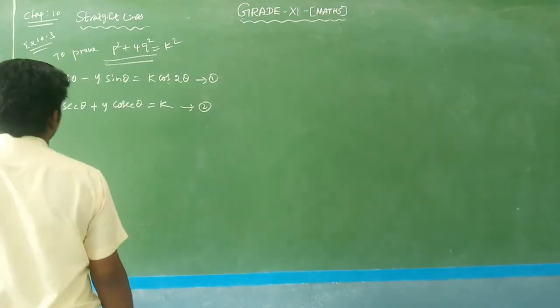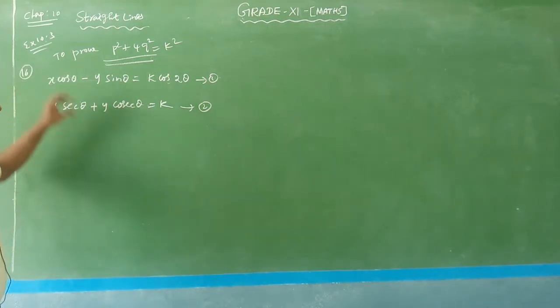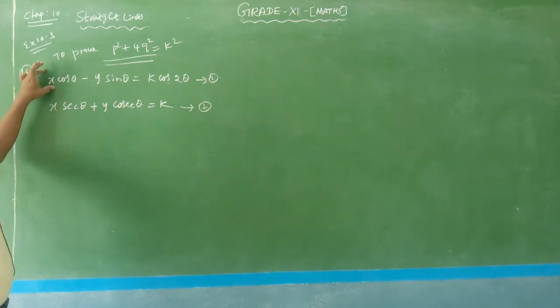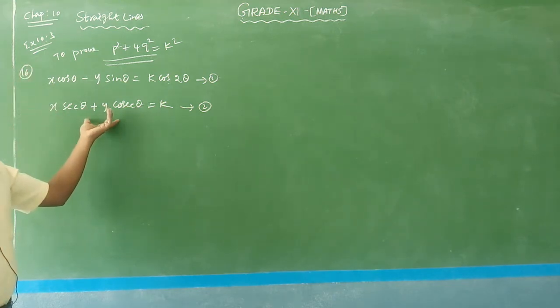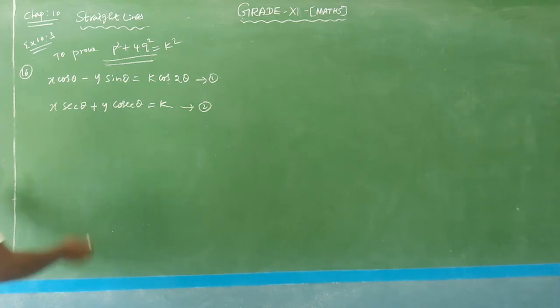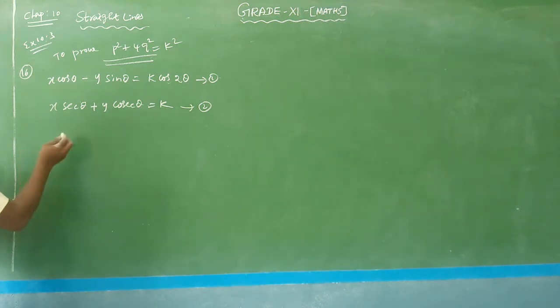Here p is the perpendicular distance from the origin to the first line and q is the perpendicular distance from the origin to the second line.